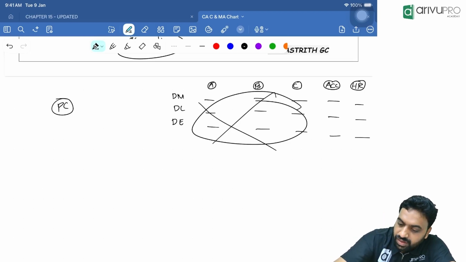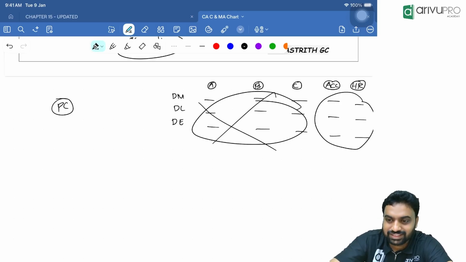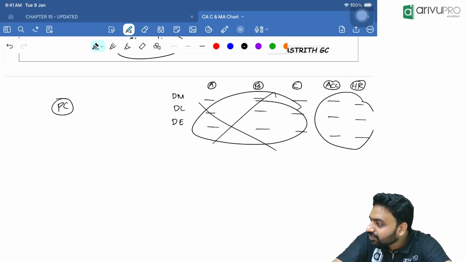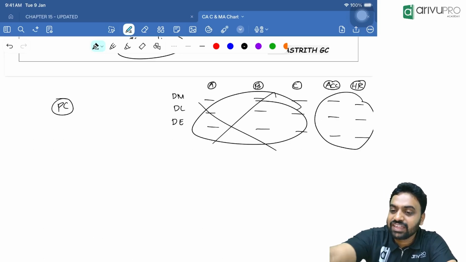But what about this service department, direct material, direct labor, direct expense? Same, no? End of the day, direct material, direct labor, direct expense, no? So it will be prime cost only, right? So what we should do? Ignore? The answer is no. Try to understand. Direct material, direct labor, direct expense means those expenses which you can trace in the final product.